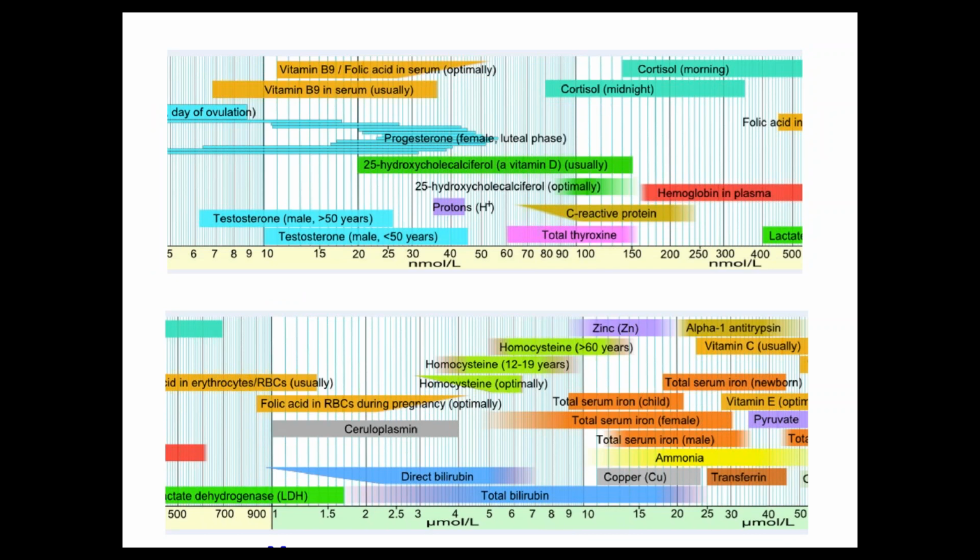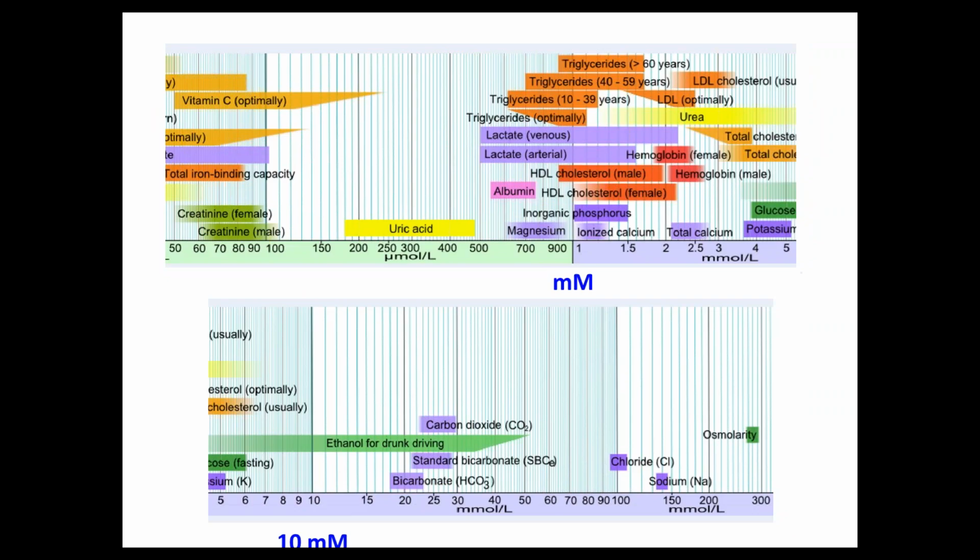Some vitamins and more hormones are in the nanomolar concentration range. About 1 micromolar, we have the organic acids and amino acids. We have lots of lipid and some sugar molecules in millimolar concentration. About 10 millimolar, there are some inorganic species.